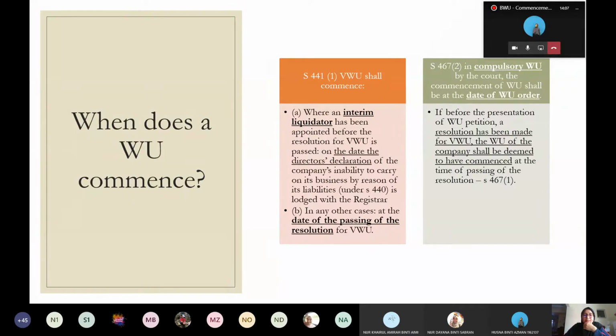Dia punya winding up tu has been deemed to commence. Yeah. Okay, so that is the provision as to the time of the commencement of the winding up. So maksudnya dia start lah. Ya. Boleh? Okay, so next kita tengok apa dia punya effect.